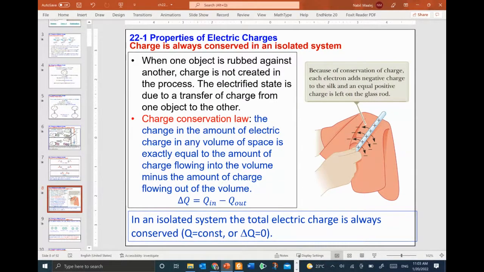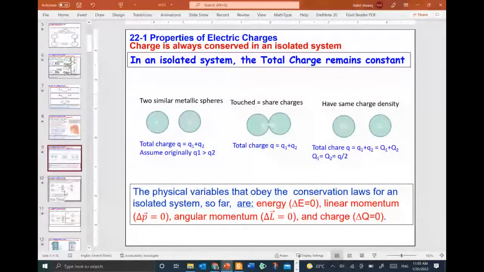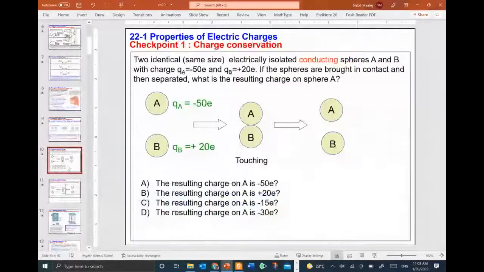They will actually cancel each other. Okay, so that is the concept of conservation of charge, and we used this in an example of two charged spheres, and we did an example where we verified this.